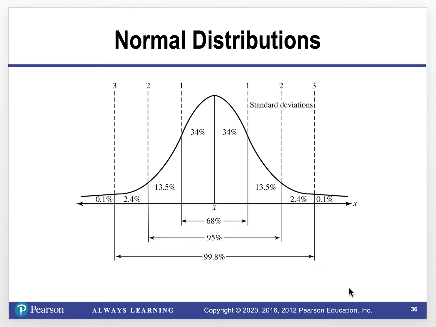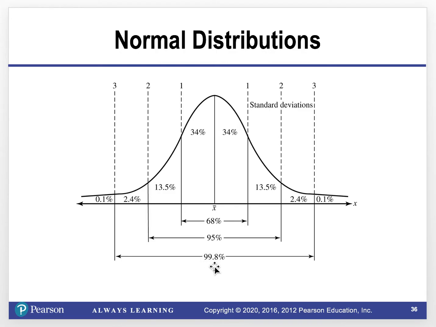Okay, so here we are. Here's a picture of what a normal distribution looks like. Some may be flatter, some may be taller and skinnier, but they're all symmetric and bell-shaped, and I need to memorize these numbers or make note of them: 68, 95, 99.8.